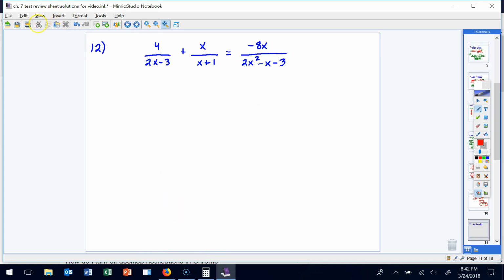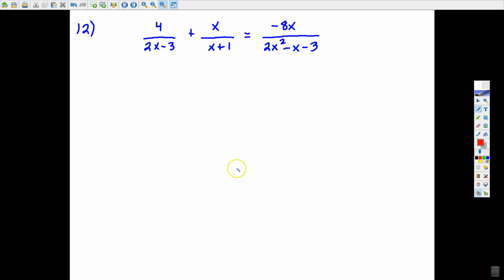Now we're going to be solving some rational equations. To do this, we need to factor the denominators if possible. The only one of these denominators that factors is the one on the right. So let's show the factored form. 2x times x, and then we'll have the factors of -3 placed in the proper positioning so that we come up with -1 in the middle.